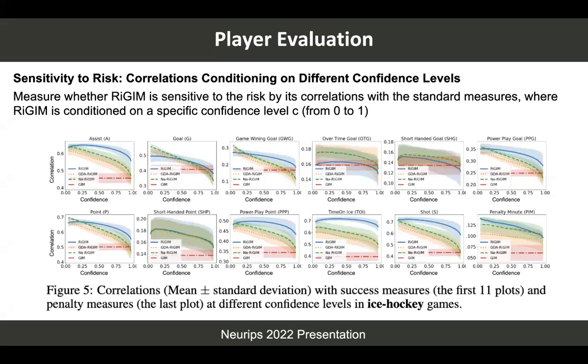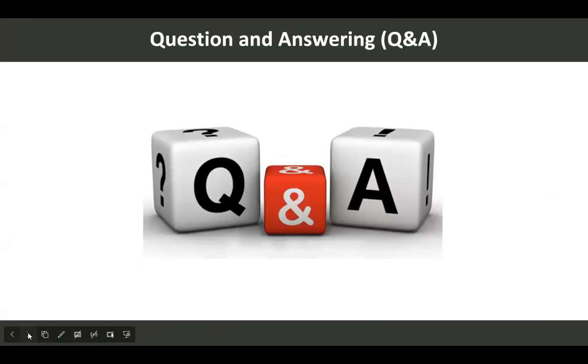Then it is less correlated with goals because it's the worst outcome. I think for all the statistics here, if we care about the worst outcome, then the correlation decreases. That's actually all the material here.